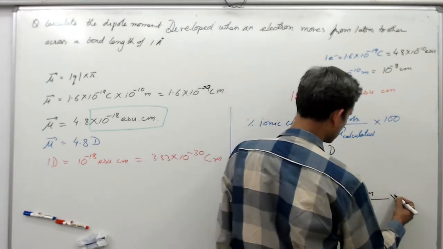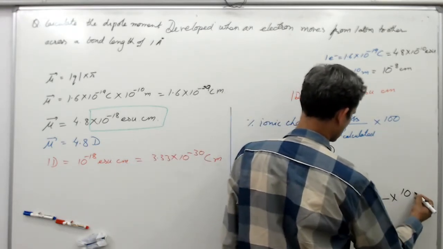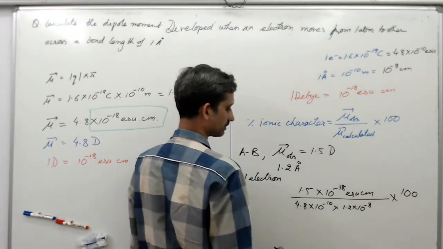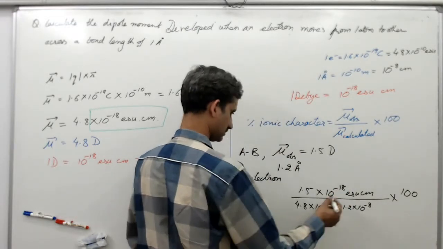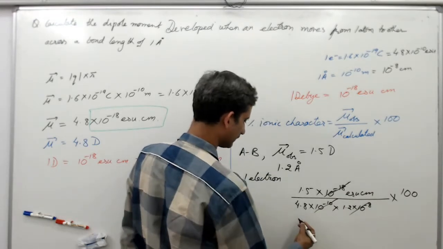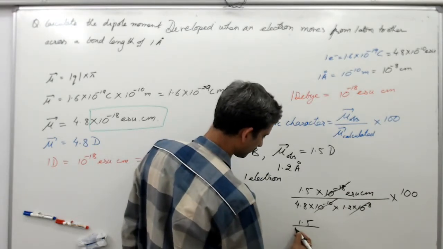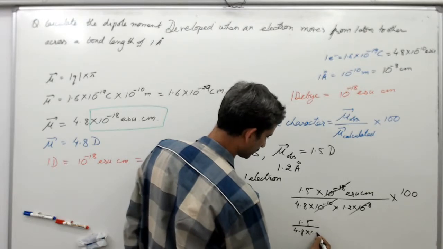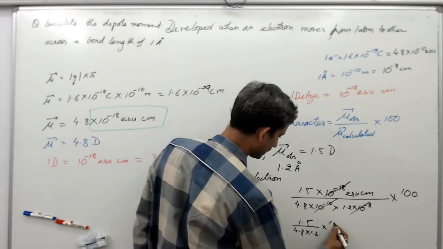Rohan, somehow you got the value right, but you did the calculation wrong. This actually goes off and you are left over with 1.5 upon 4.8 into 1.2 into 100.